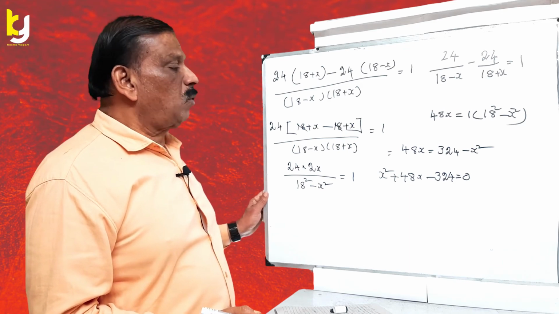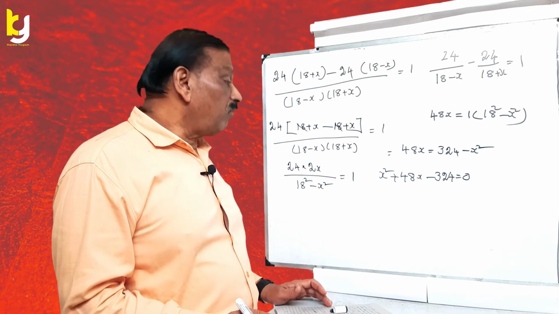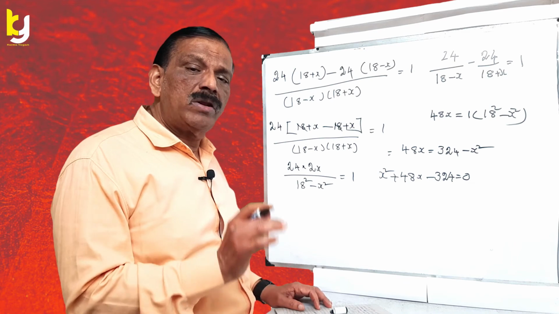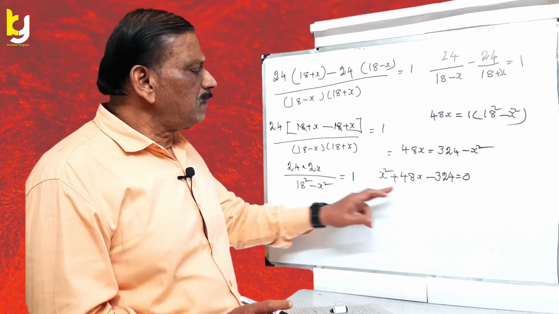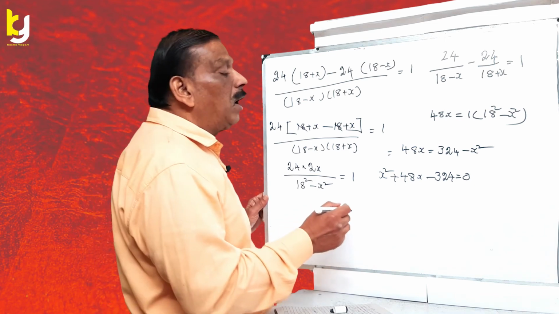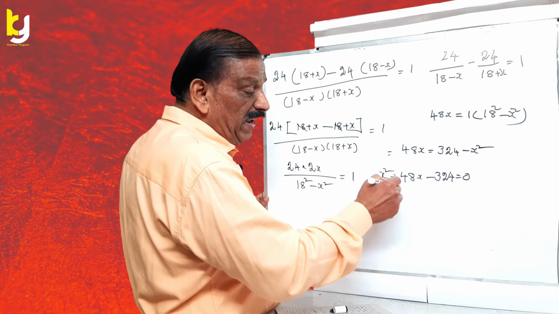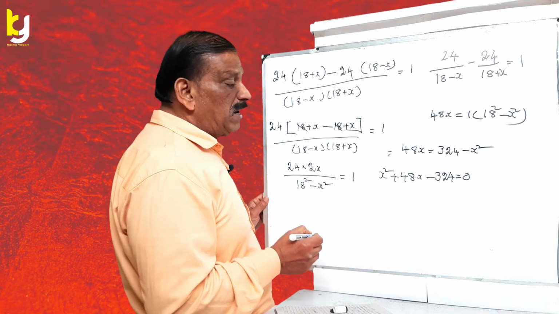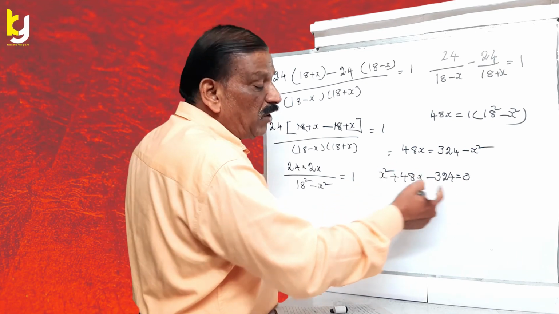To solve this quadratic equation, we can either use the formula, minus b plus or minus root of b square minus 4ac all divided by 2a, or split the middle term. When we split the middle term, when we add these two terms we must get 48x, and when we multiply, we must get first term into last term.